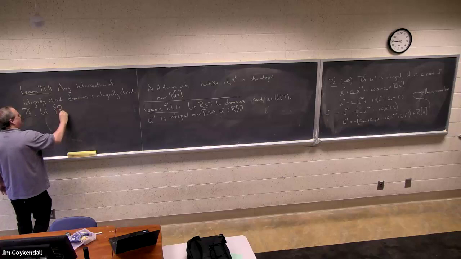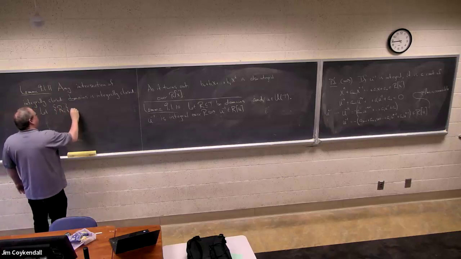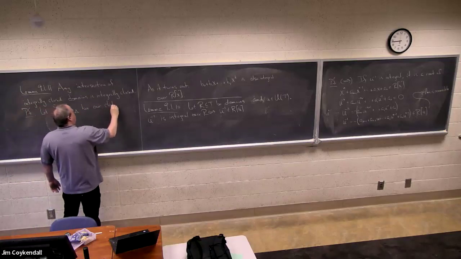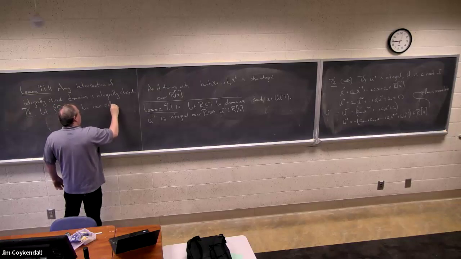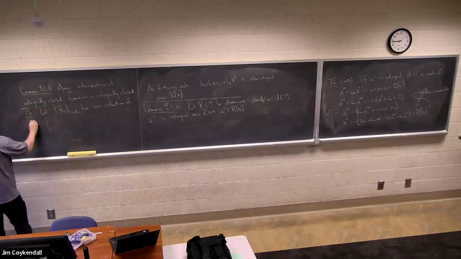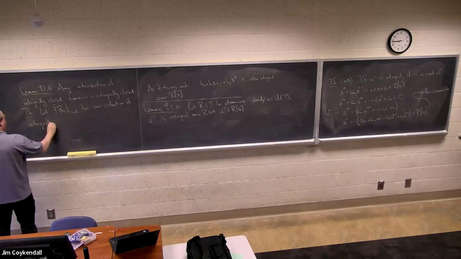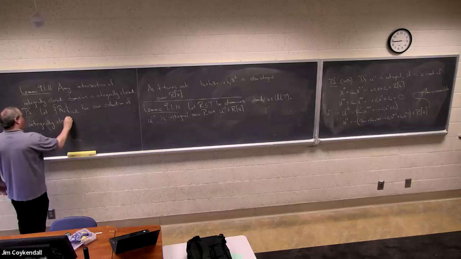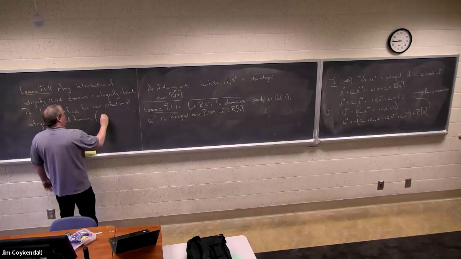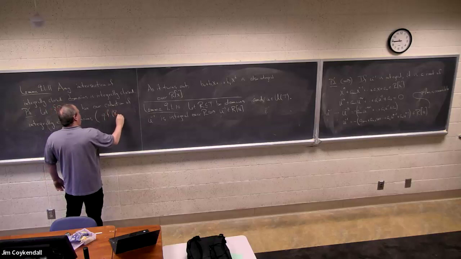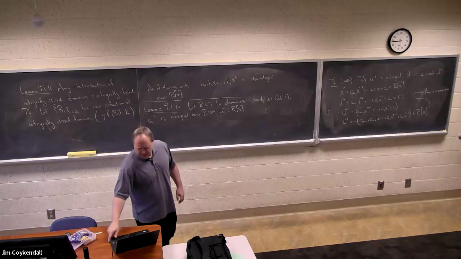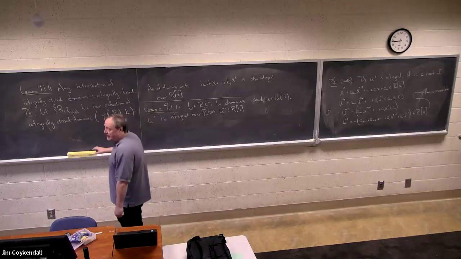Let R_i, i in some index set, be our collection of integrally closed domains. We'll say the quotient field of R_i is equal to K_i. And I'm not really going to need that here, but I just want to emphasize that they may have varying quotient fields.